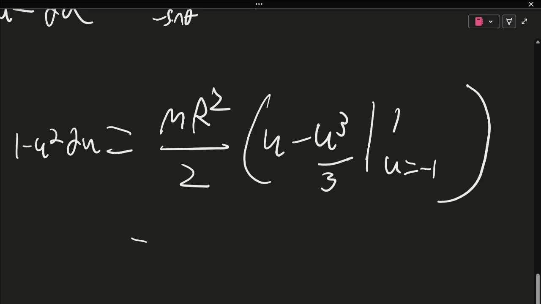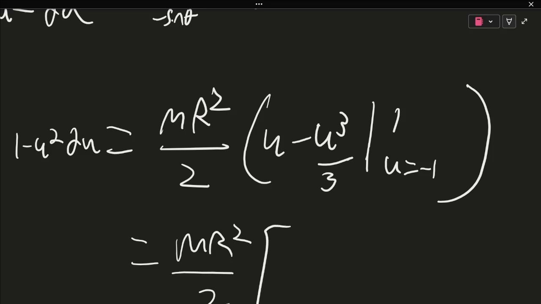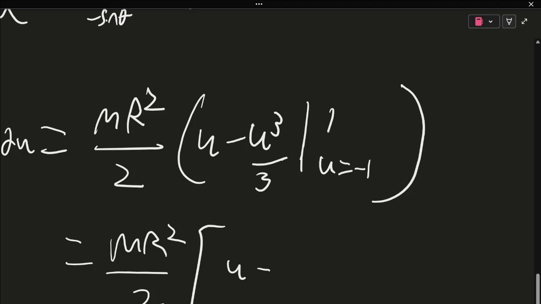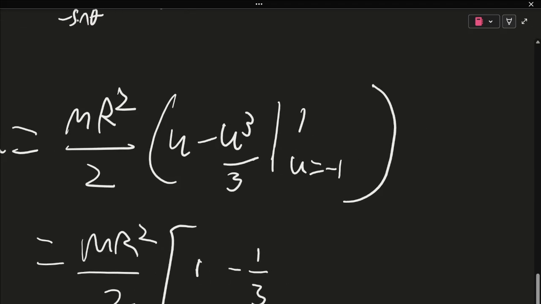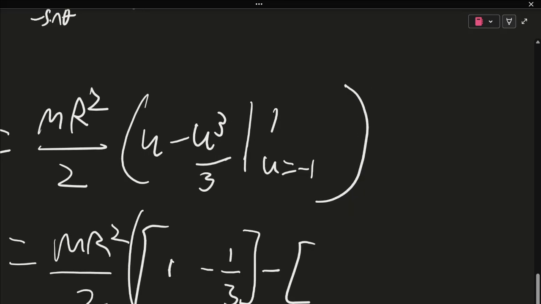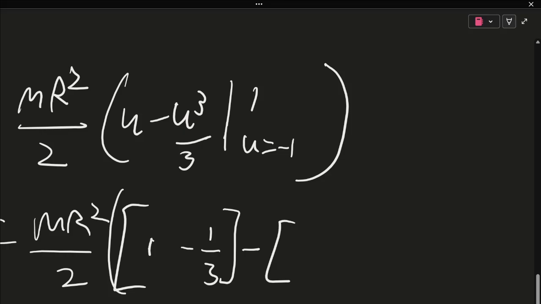Now if we plug this in, it's going to be equal to mass times the radius squared over 2 of 1 minus 1/3, minus negative 1, and that turns into plus 1/3.